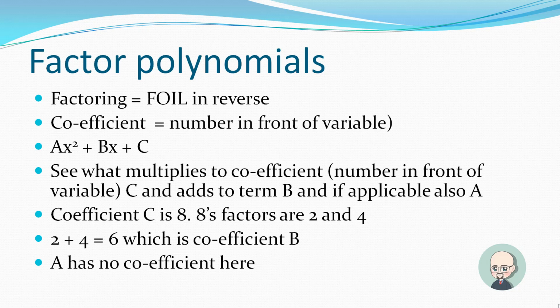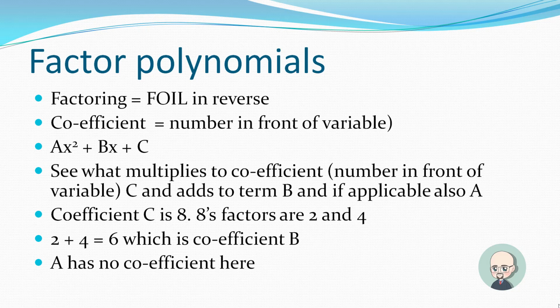It's not on the exam, but it's helpful to know while we're doing this. So when we see ax squared plus bx plus c, the coefficient a is the number in front of that x squared, b is in front of the x, and c is the final constant. So you see what multiplies to c and adds to b, and if applicable also a.